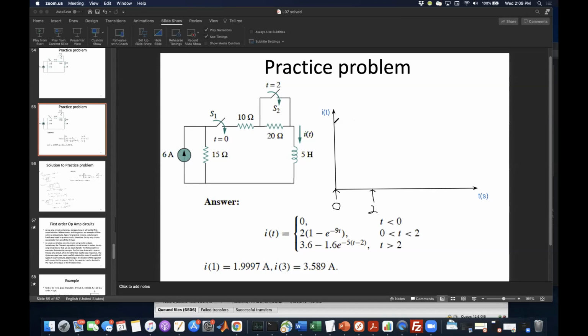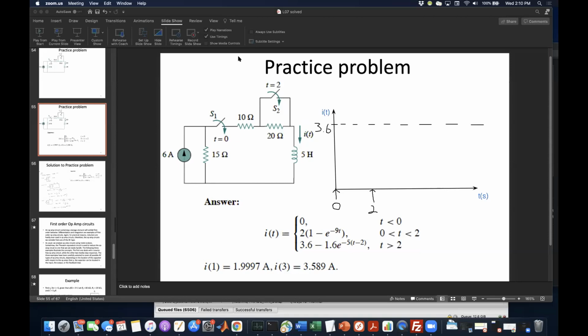And we know that our final value has to be 3.6. So the current, doing my best here to draw a dashed line, has to reach this value eventually.